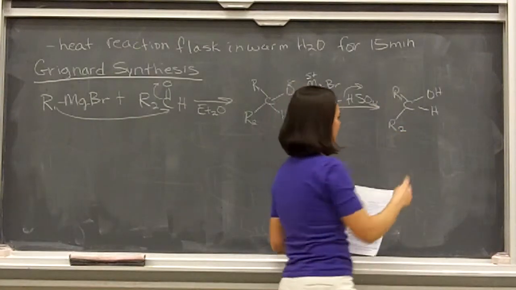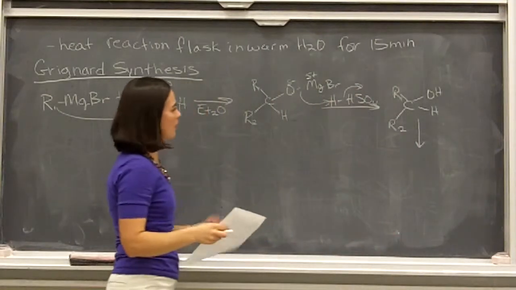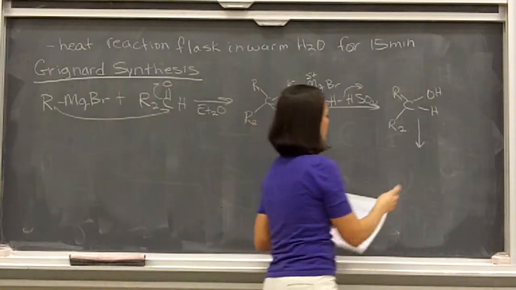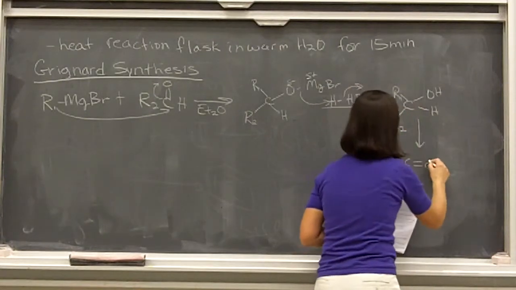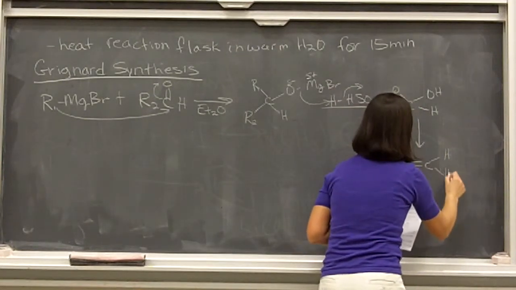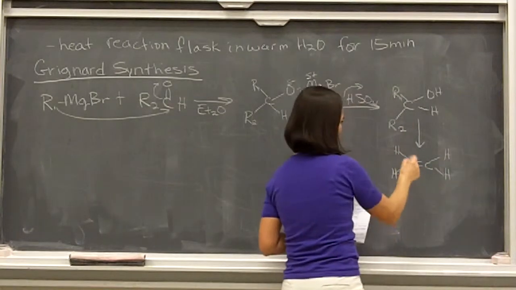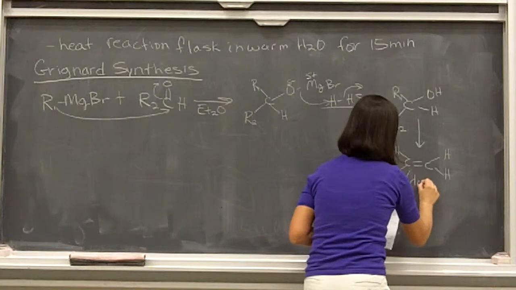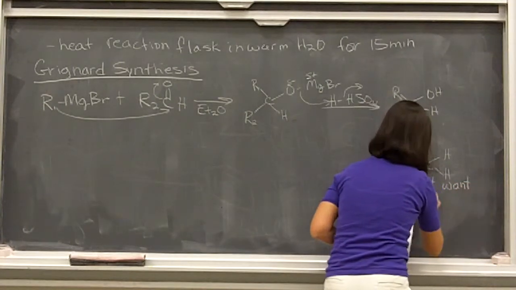Now, one thing you have to be careful of is we're going to generate some heat in this quench. We've got acid present and some heat, and we don't want the elimination. We want it next week, but we don't want it this week.